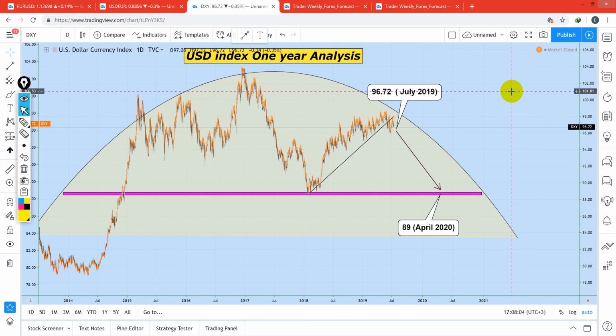Australian dollar a buy, New Zealand dollar a buy, euro dollar is a buy, pound dollar is going to be a buy, and USDJPY and USD franc are both sells. So we're only selling the dollar, there is no buy.